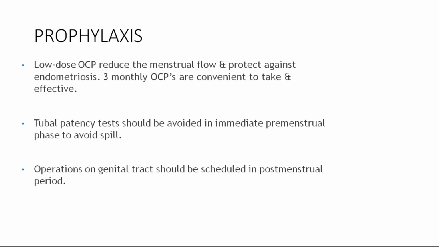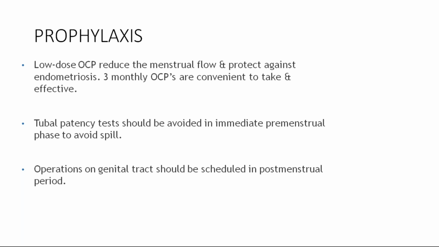Next, tubal patency test. We do this test for infertility cases only, to test whether the tubes are patent or not. It is better to avoid these patency tests in the immediate premenstrual phase to avoid spillage, because these tests can cause retrograde spillage of menstrual material and a greater chance of endometriosis.